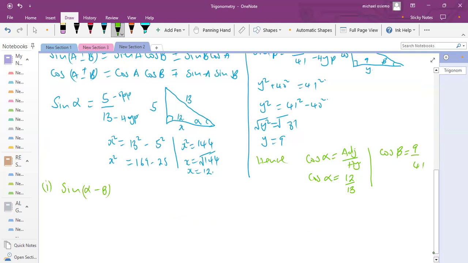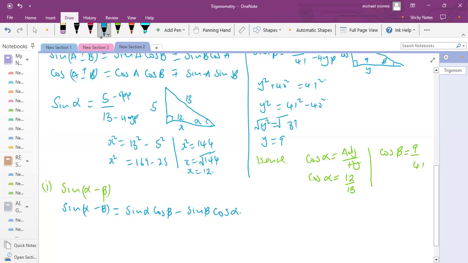So the basic thing here is you expand this compound angle formula. And you know this one here will be equal to what? We know that sine(alpha minus beta) is the same as sine alpha cos beta minus sine beta cos alpha. So, do we have sine alpha and cos alpha?